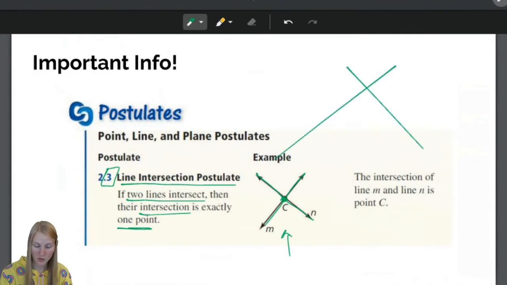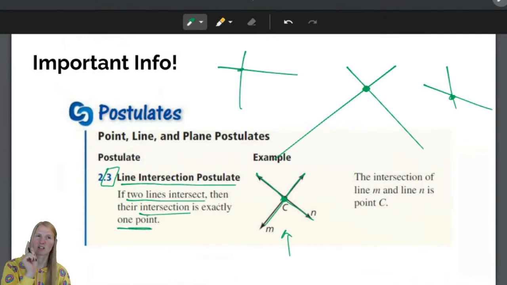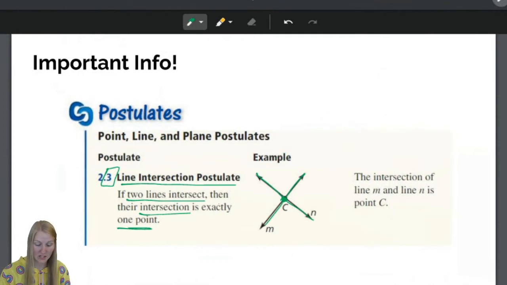No matter how you draw 2 lines, there is only 1 point at which they intersect. That's what this postulate says: if 2 lines intersect, their intersection is exactly 1 point. No more, no less. 1 point.